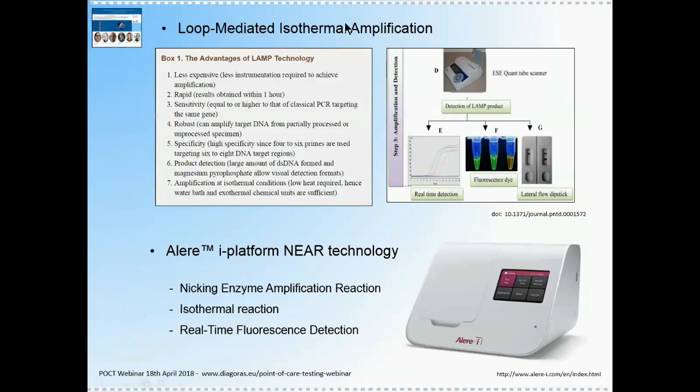And these kinds of techniques, for example LAMP, can be particularly useful in lower middle income countries where you don't need an expensive thermocycler. You can perhaps hold the tube in your hand or have a simple incubator to perform your diagnostic testing.